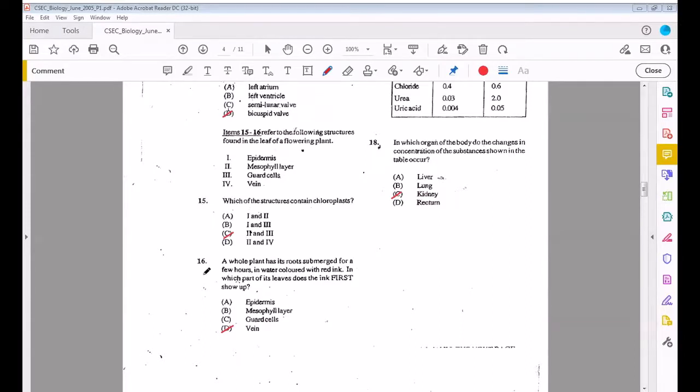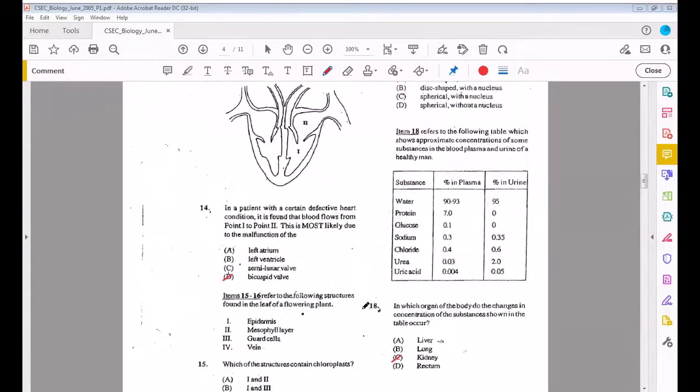And 16, a whole plant has its roots submerged for a few hours in water colored with red ink. So in which part of the leaves does the ink first show up? The answer would be D, in the veins, because we know with the xylem vessels, the water is going up there, therefore that would turn pink first.